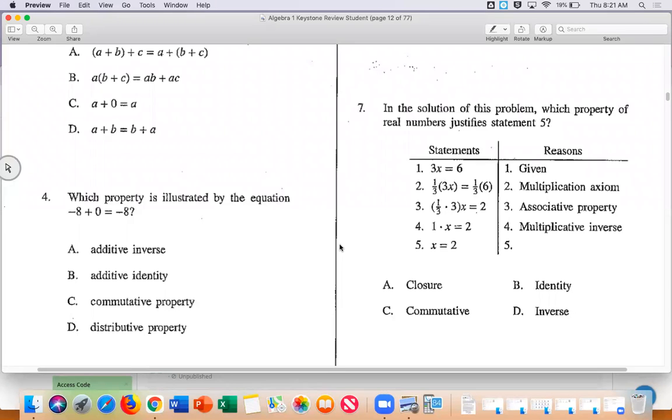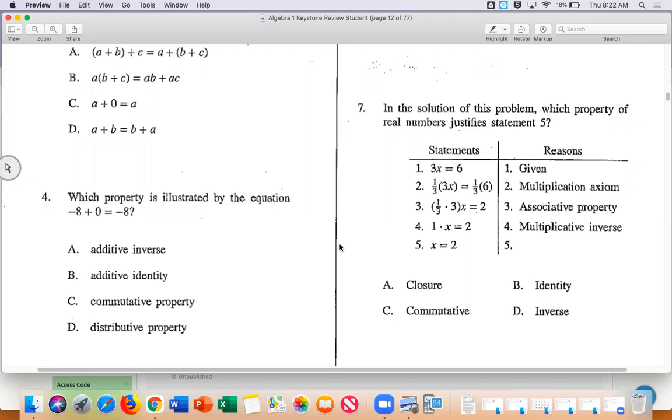So how do I go from 1 times x equaling 2 to just x equals 2? Well, I think to myself this, Ms. Kender, do you know what closure means? It means contained, right? I don't think that really applies to that, correct? So I would be crossing off A because A doesn't apply.